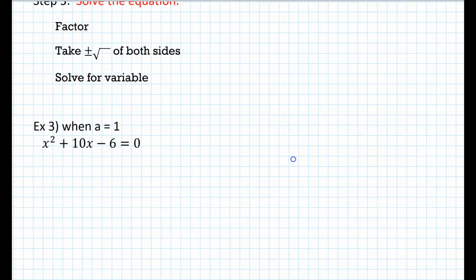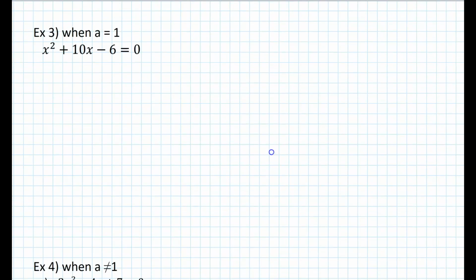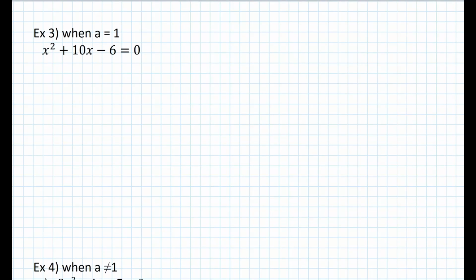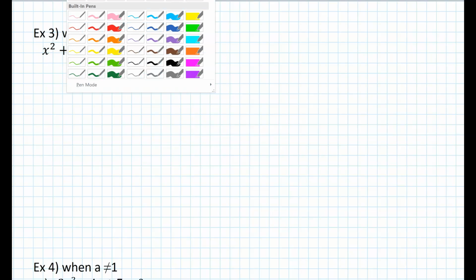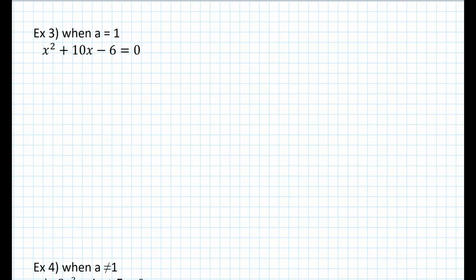So our very first one here is when we do have an a equals 1. So I have x squared plus 10x minus 6, and it's equal to 0. The first thing we're going to do is move the constant to the other side.